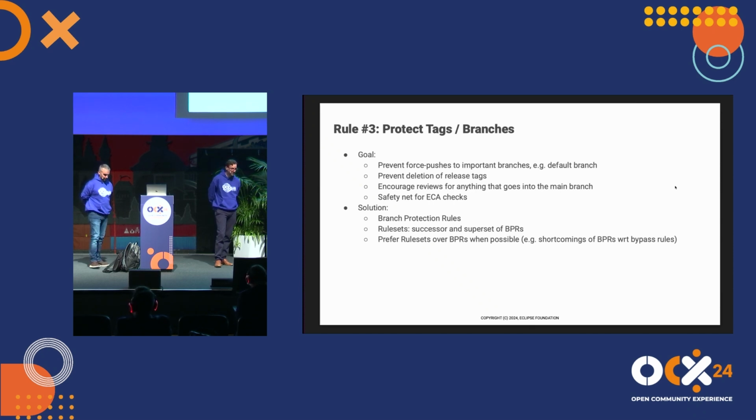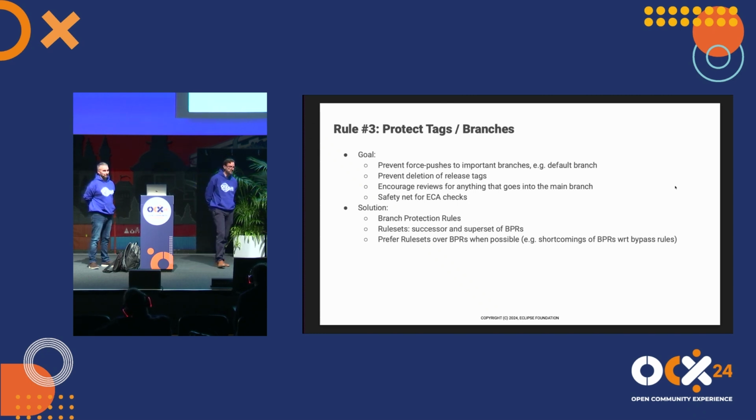A solution in order to achieve that is to use branch protection rules. So that's basically the old mechanism that has been available from GitHub for a long time already. But there is also now a successor. It's called rulesets. It's basically the same as branch protection rules, just better.